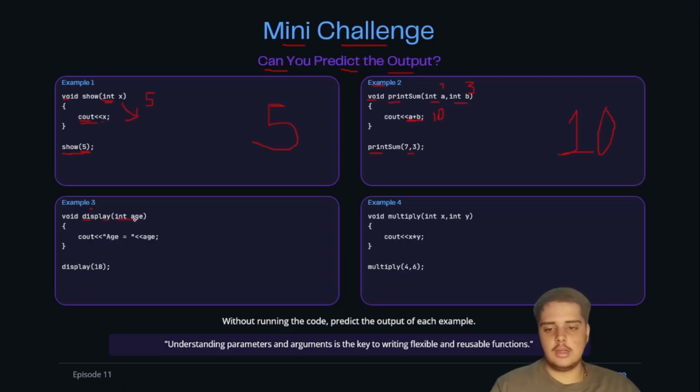Void display(int age), cout age equals, and here 18 is given. The answer is 18 here.